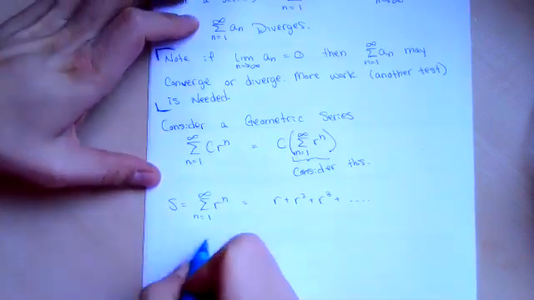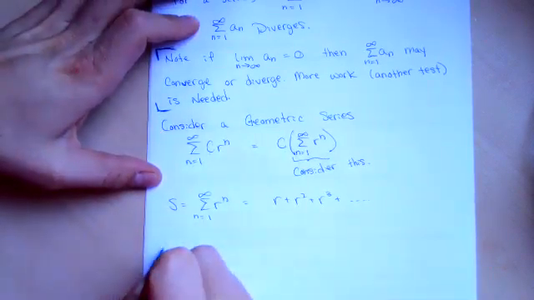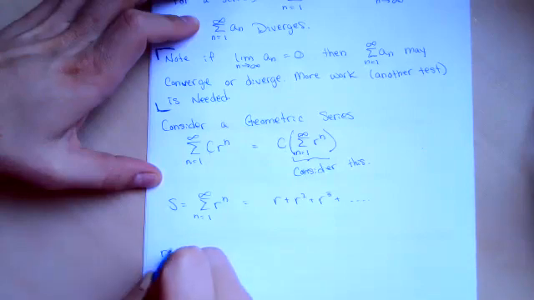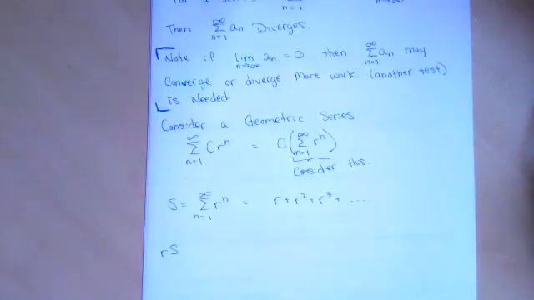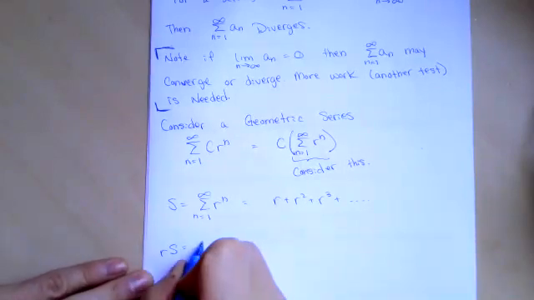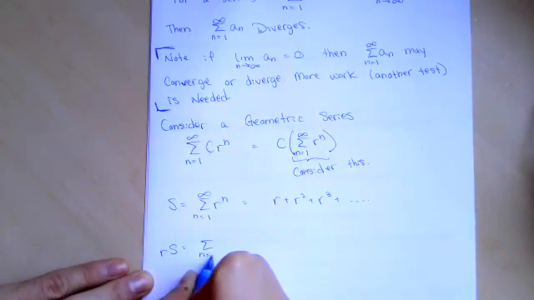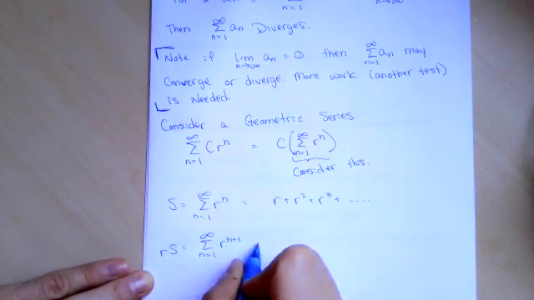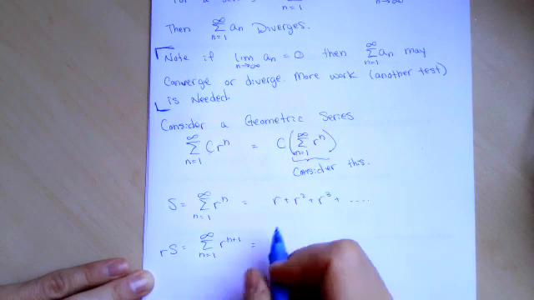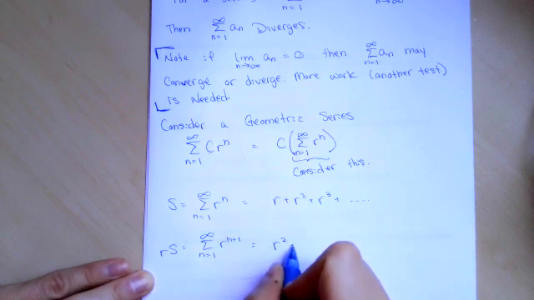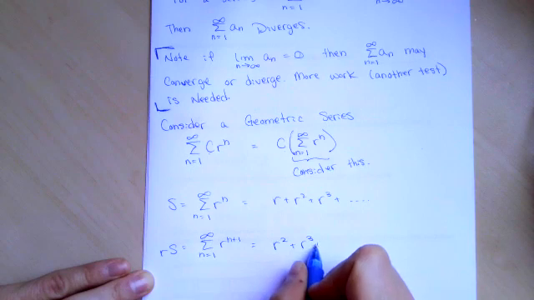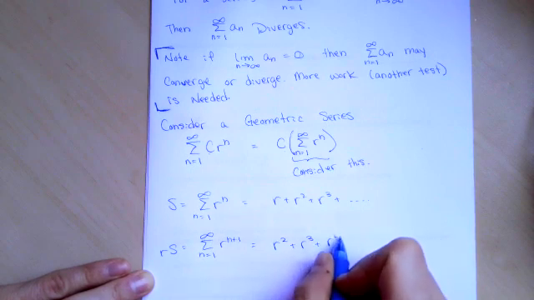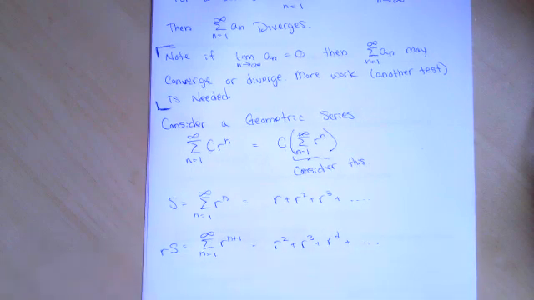And the fancy trick with geometric series is that if I multiply that whole expression by r, it's going to be r times r to the n. Well, what do we get? That's just r squared plus r cubed plus r to the fourth, and it's going to keep going.